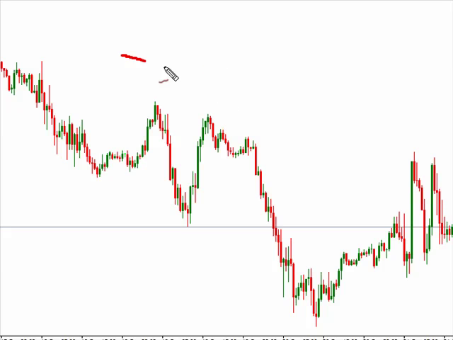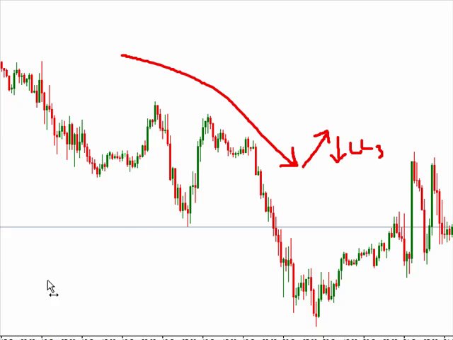So if something is trending down and we get a little bit of a pullback and it moves down below the LL3, well, that is the pattern that we're looking for.